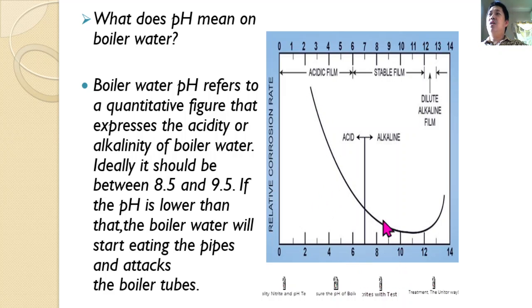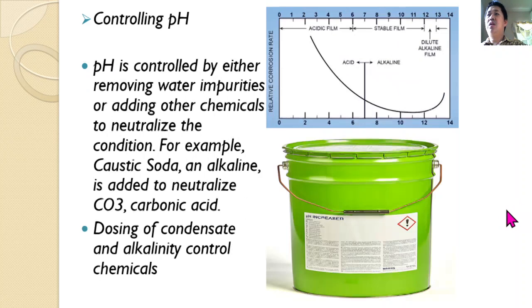And the effect of alkalinity on the boiler water will create scale formation in your boiler pipe. So alkaline 12 to 14 is high alkalinity. The value should be 8.5 to 9.5 for your boiler water pH.